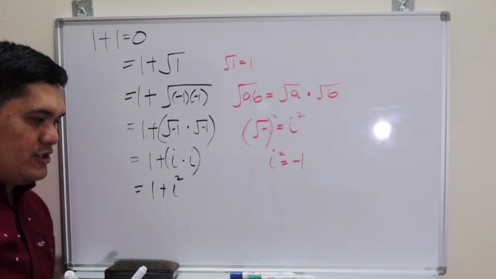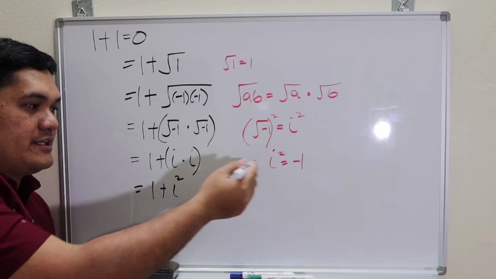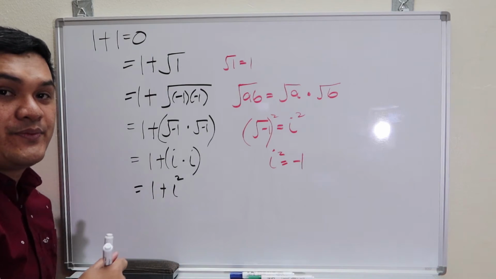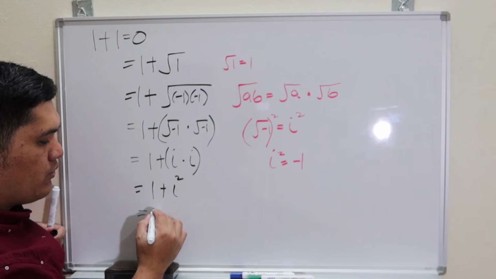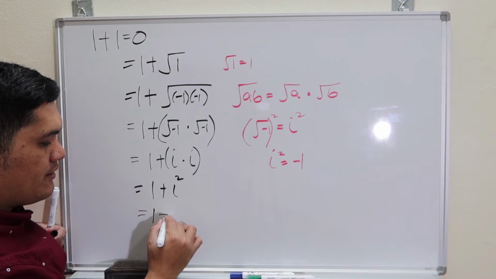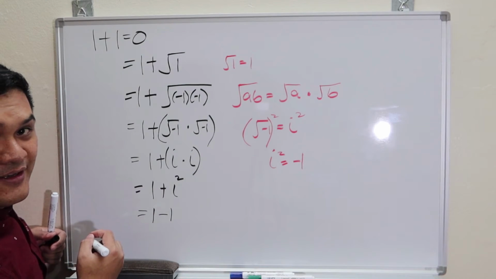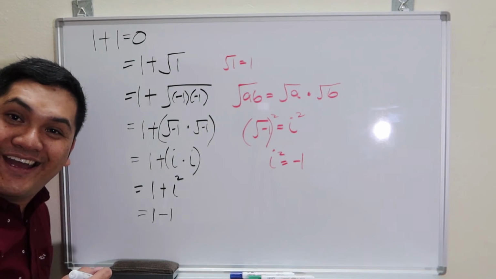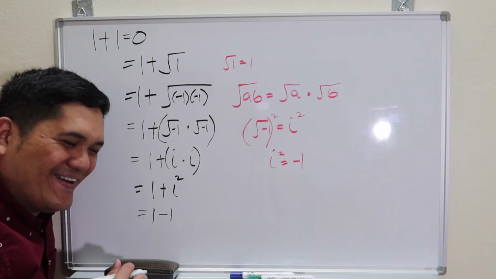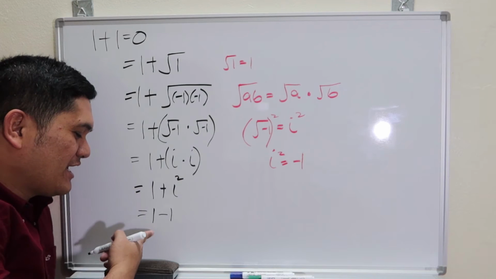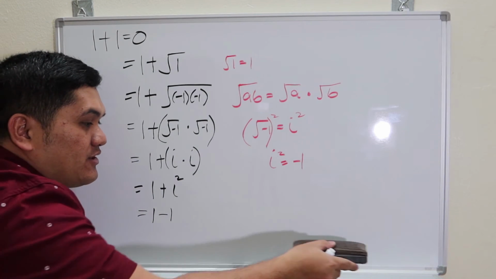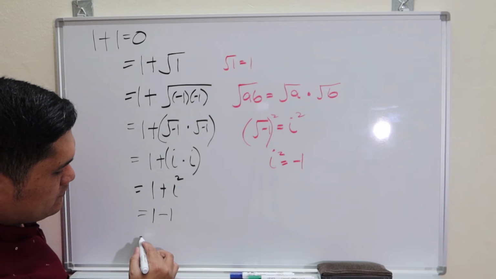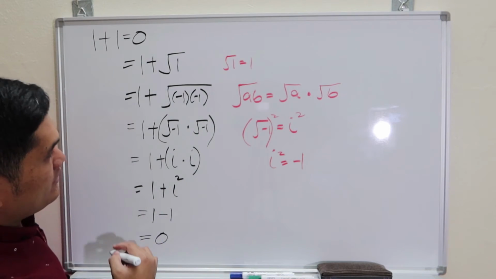Right? So now, we can do this here. This is equal to 1 minus 1. Correct. Therefore, this is equal to 0.